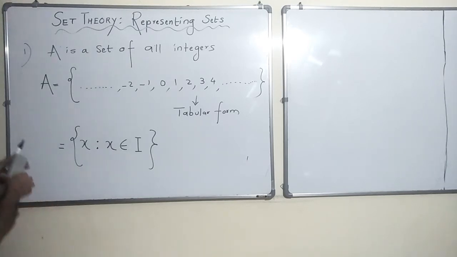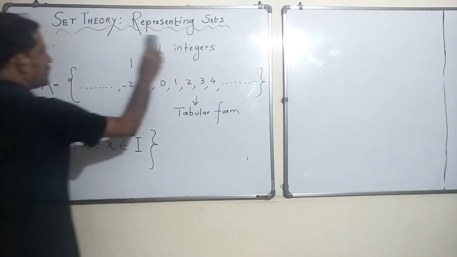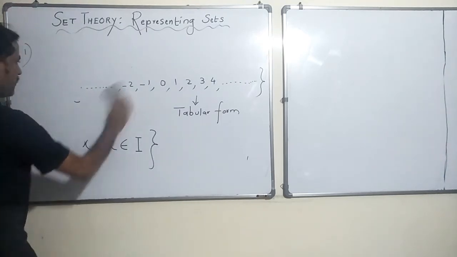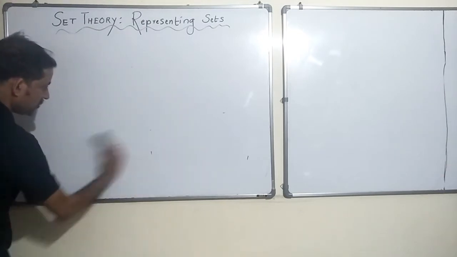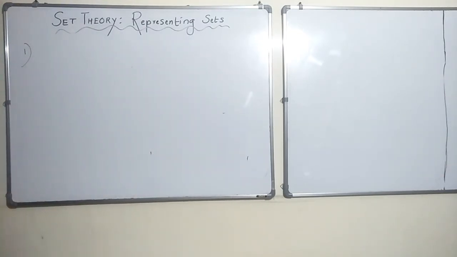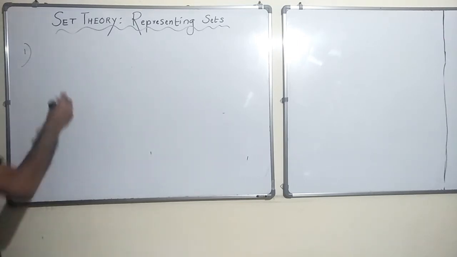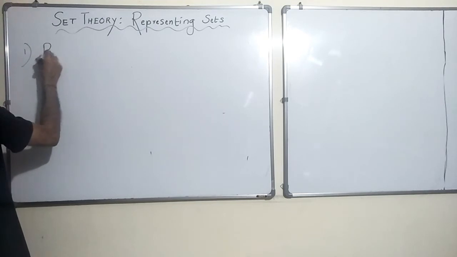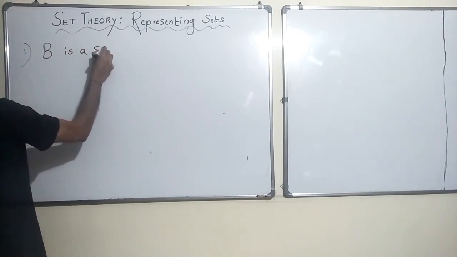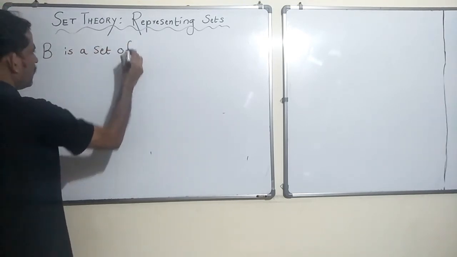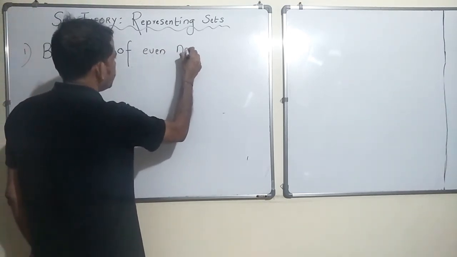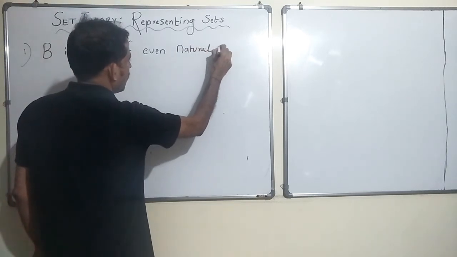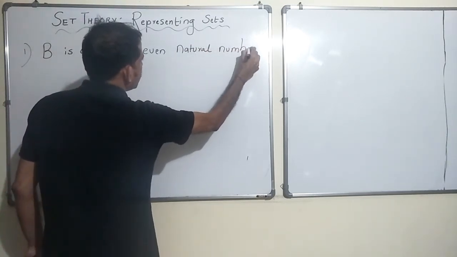All right, so let's move on to the next problem. B is a set of even natural numbers.